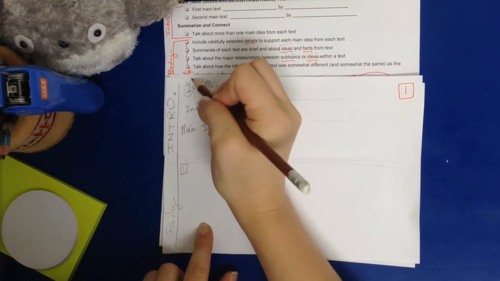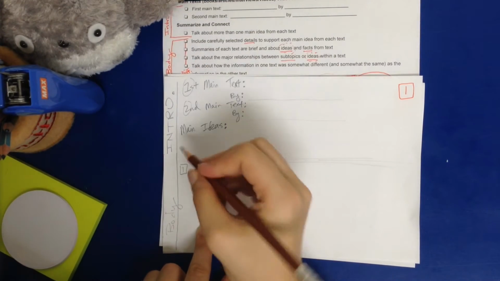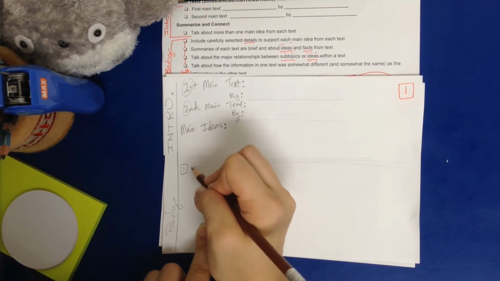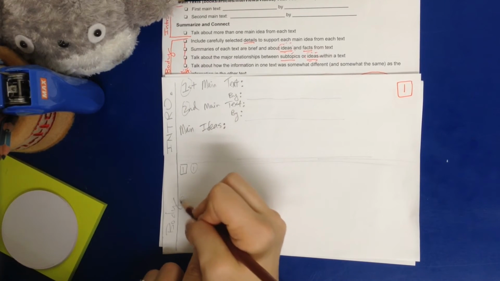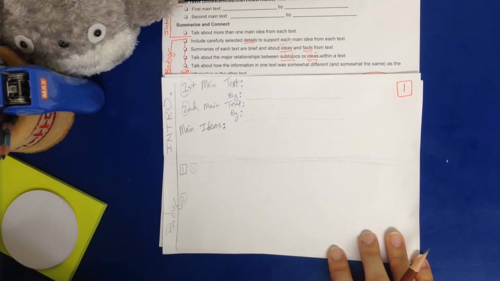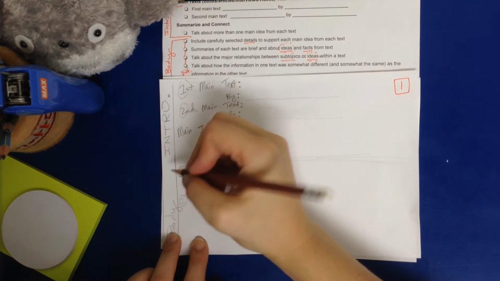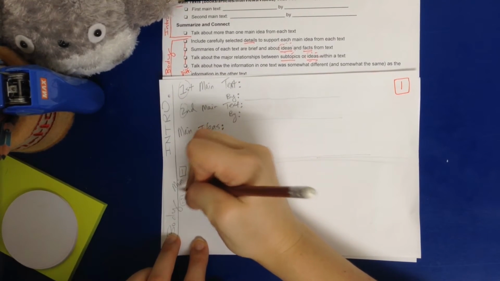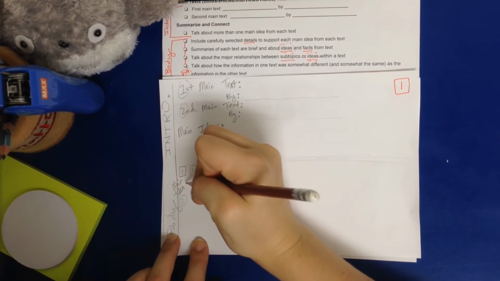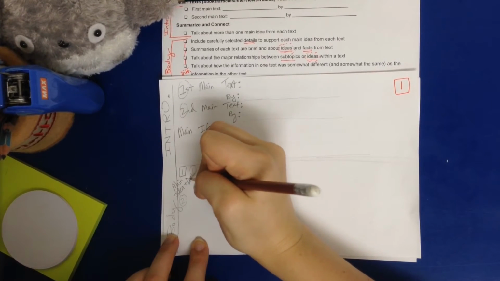So I have a number 1 and a number 2 here, and since I boxed this one, I'm going to put 1 and a 2 to remind me that these are both those texts, and I'm going to say main idea plus details.